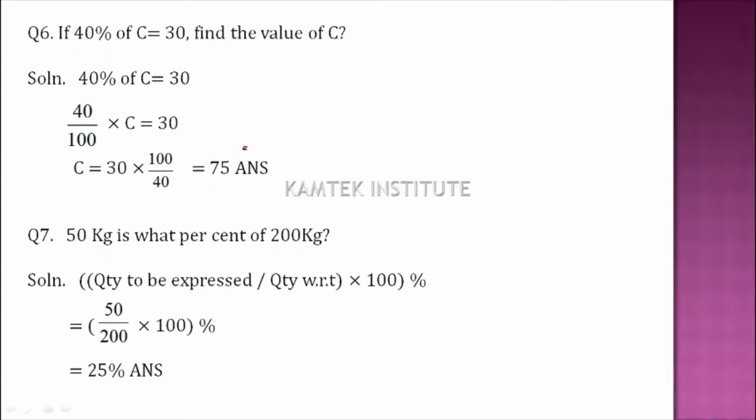There's one more method. If you want, you can do it that way also. The statement says 40% of C is 30. So that means 1% of C will be equal to 30 upon 40. Now we can find what will be 100% of C. How do we do it?